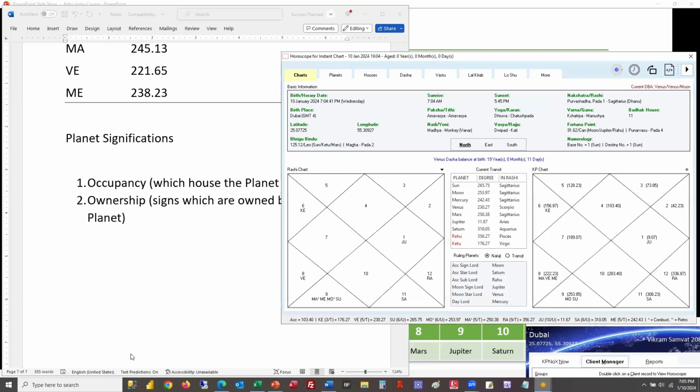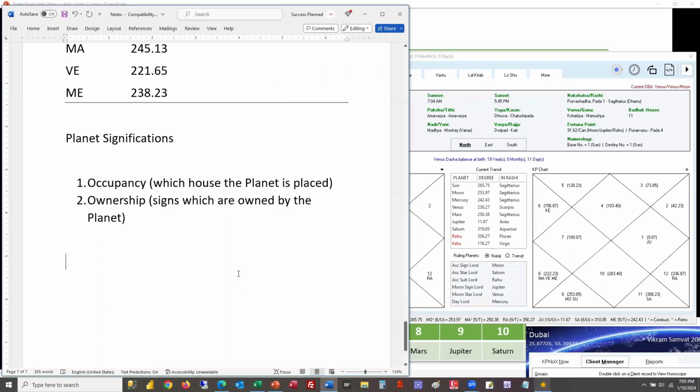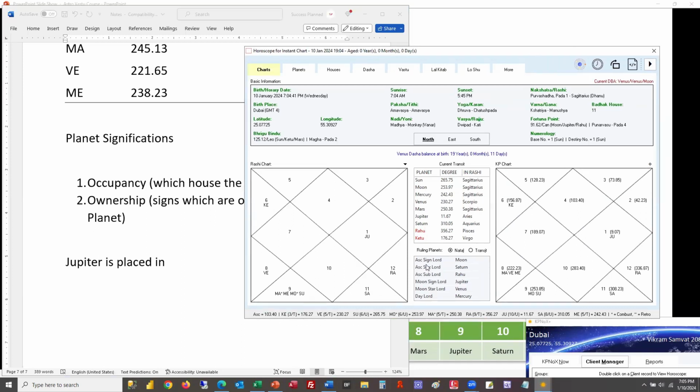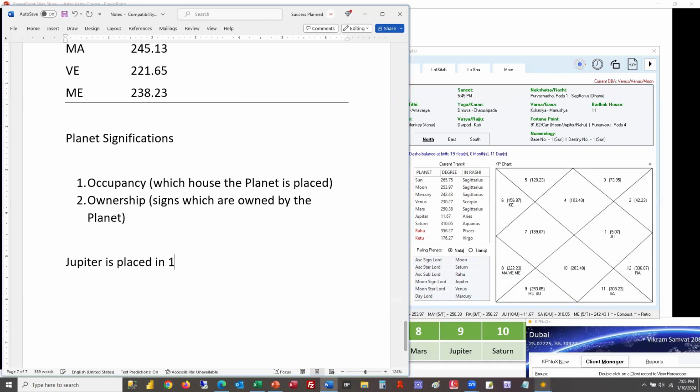If I just look at this chart, which house is Jupiter in? Sixth. Oh, sorry, I'm looking at a different chart. 10th house. Jupiter is in 10th house, right?